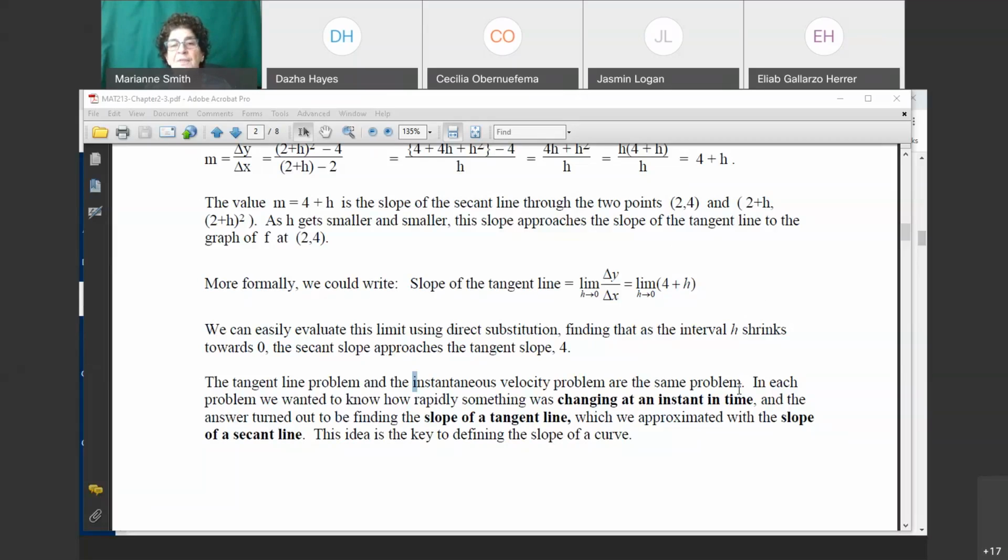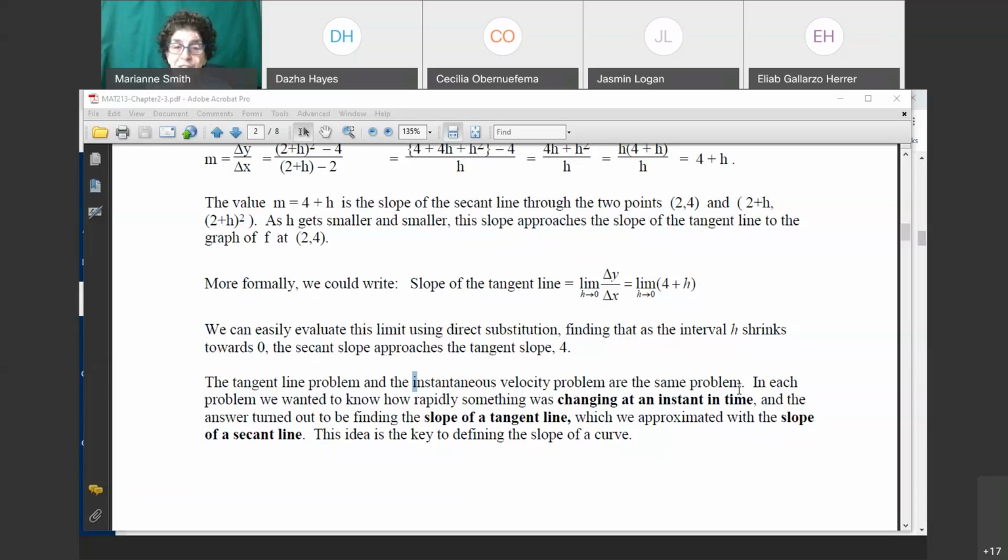For example, if I've got a cost function, where x is the number of units I'm making and f of x is cost, I want to know, if I make one more of these things, what's going to happen to my cost? Is it going to go up? Is it going to go down? That's your marginal cost. Think about it. It's also the instantaneous rate of change of f of x.